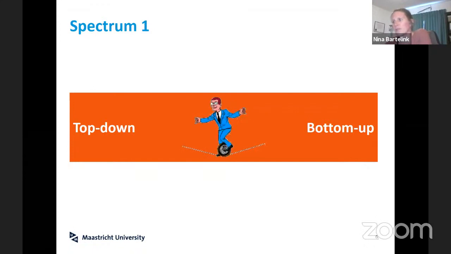When you lean to the other side of the spectrum, it's the bottom-up part. Then school staff, children, parents, all people in the school are much more involved in the whole process. I think it can create more ownership and engagement from the people in the school, and it can help to create a better fit with the context.